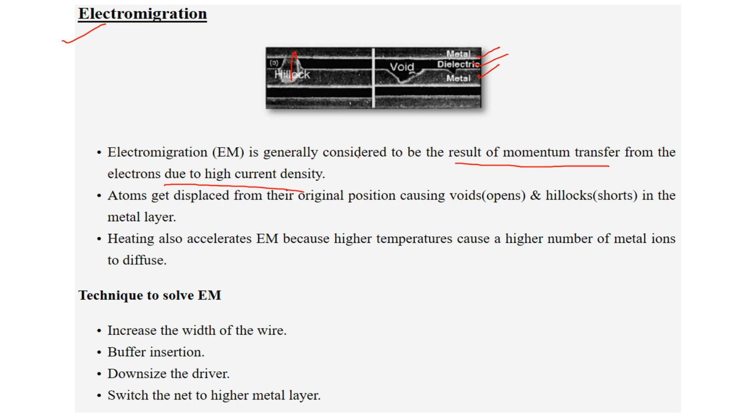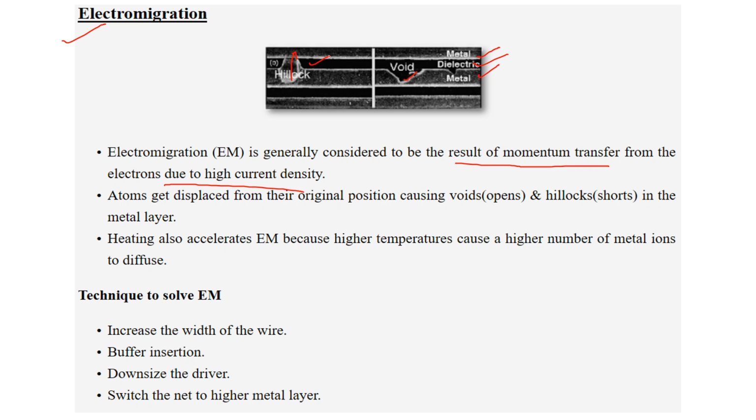So we can say it is electron migration. The atoms get displaced from their original position, causing voids and hillocks in the metal layers. That is why voids and hillocks may occur in the metal layer. Heating may also accelerate electron migration because higher temperatures cause a higher number of metal ions to diffuse.